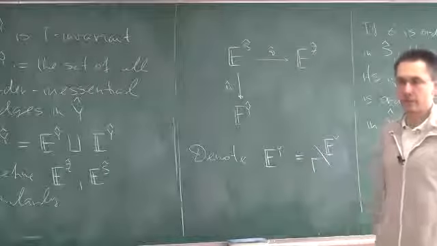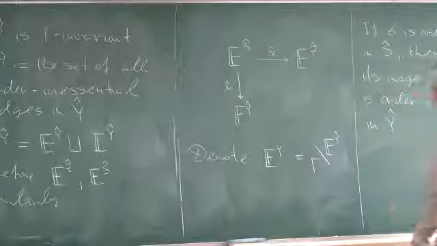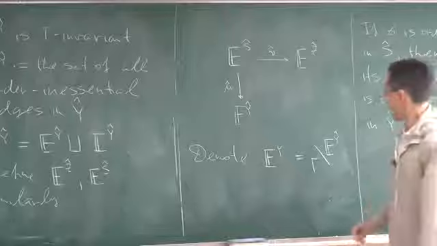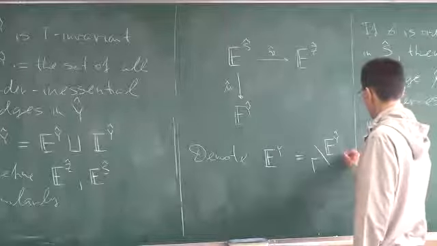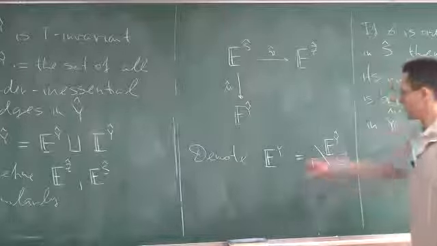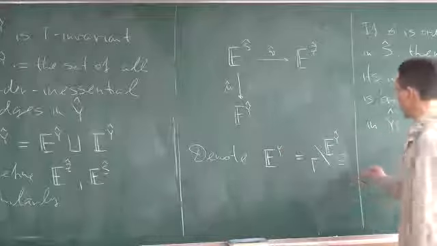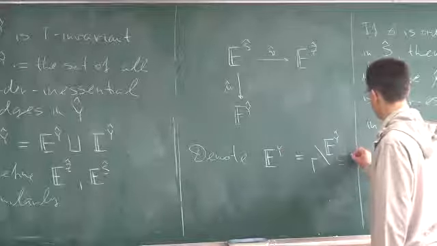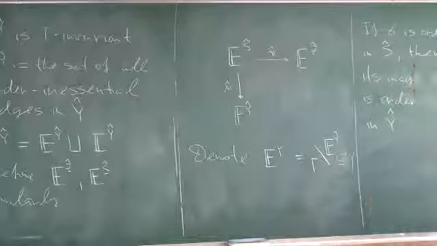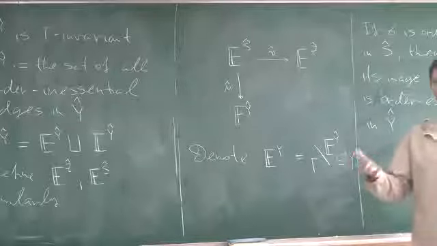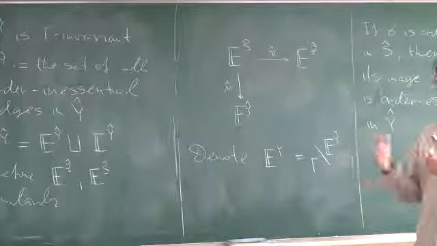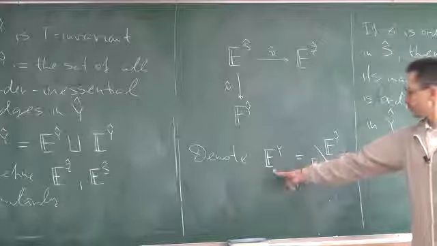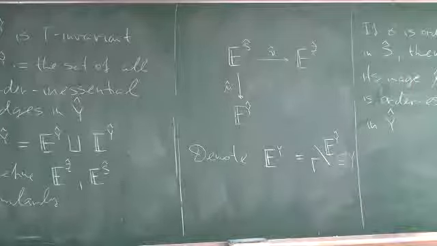Identify all the edges in the orbit. This is the result. But of course, this is a subset of what? It's a subset of edges in Y. It's a subset in Y, if you like, if you view Y formally as a disjoint union of edges and vertices. So it's a subset of edges in the graph Y.